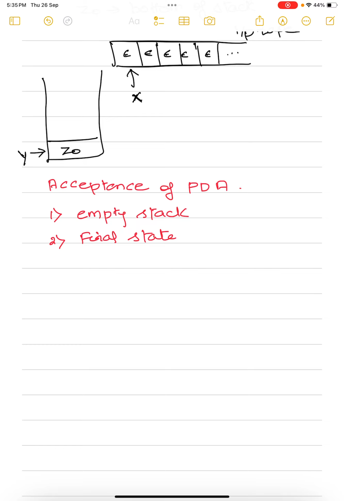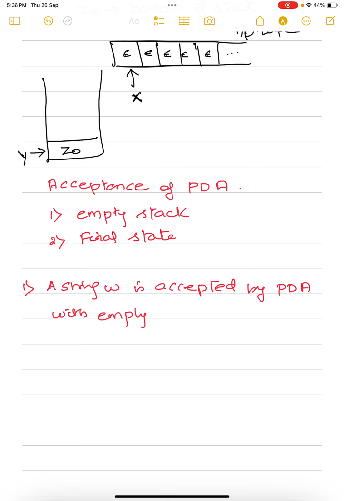Let me first define the empty stack method. A string W is accepted by PDA, that is pushdown automata, with empty stack when W belongs to sigma star, that is, the string is formed with the set of alphabets. The initial state is Q0, W is placed on the input tape and the bottom of the stack is Z0.